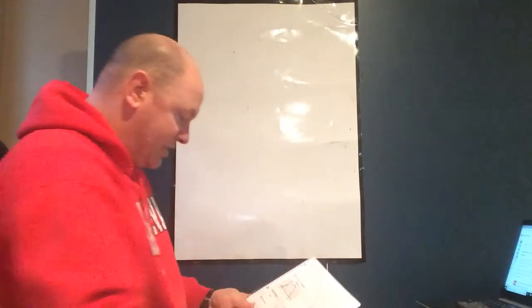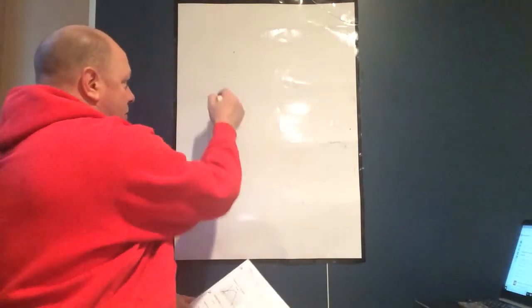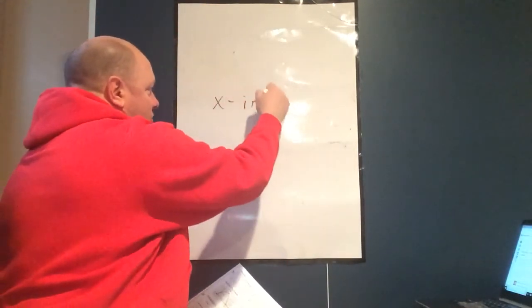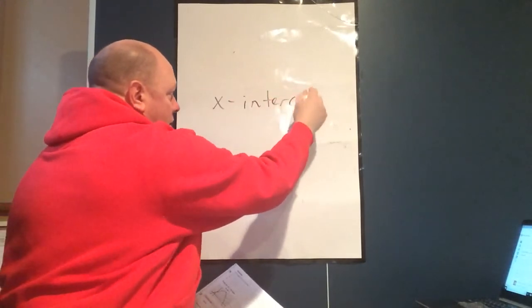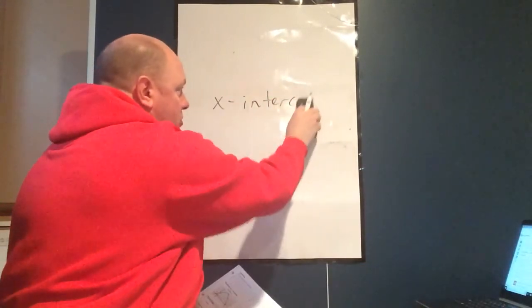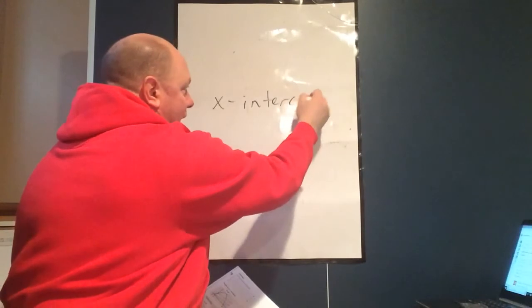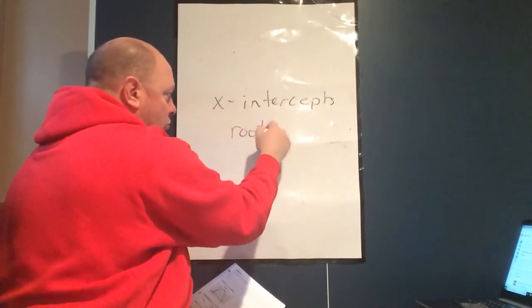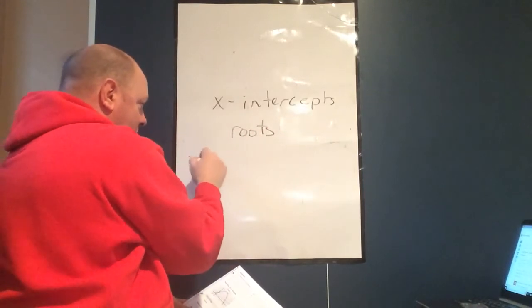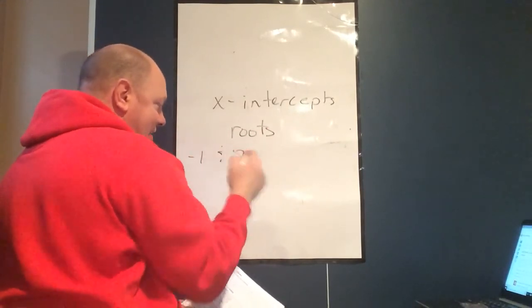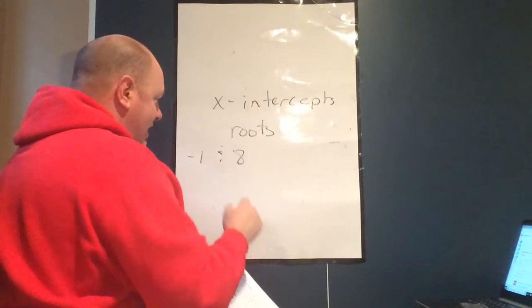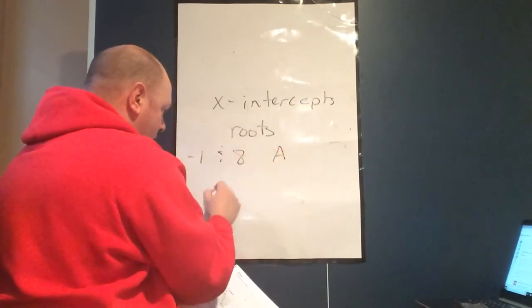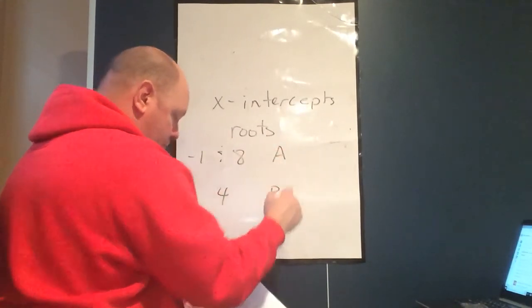Our zeros are the same as x-intercepts. They're also called roots. Again, they're -1 and 8 where you cross the x-axis on graph A, and 4 on graph B.